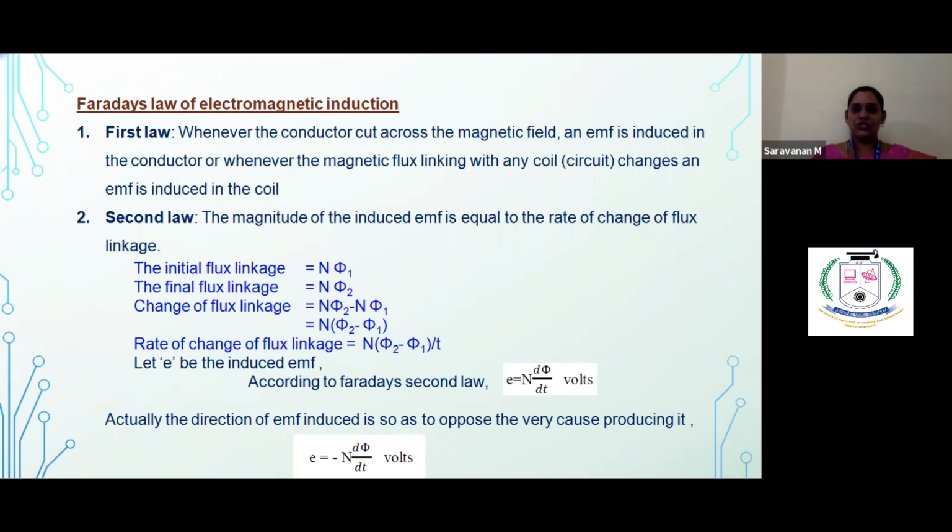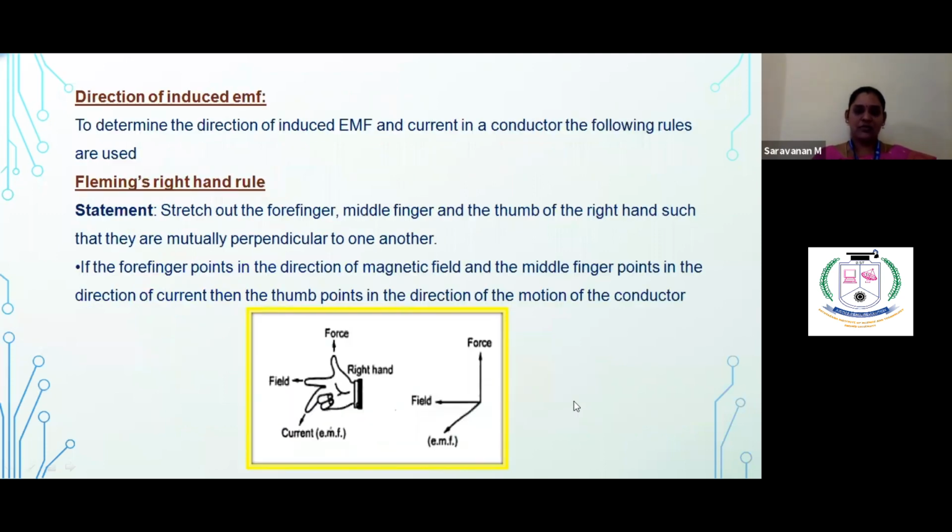It depends upon the change of the flux. When the direction of the induced EMF is opposite to the very cause producing it, it is given by a negative sign, as E is equal to minus N into d phi by dt. So please remember this expression. Based on this expression, we will be solving a few problems also, right?